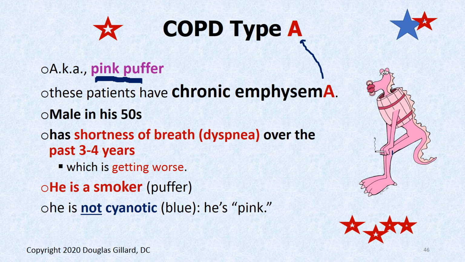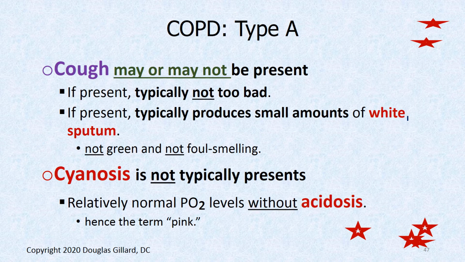He's pink. He or she, they, whatever your pronoun is, they are pink because they're still well oxygenated. The cough is not a big problem. Some people with COPD-A can still have cough, but it's typically not productive.